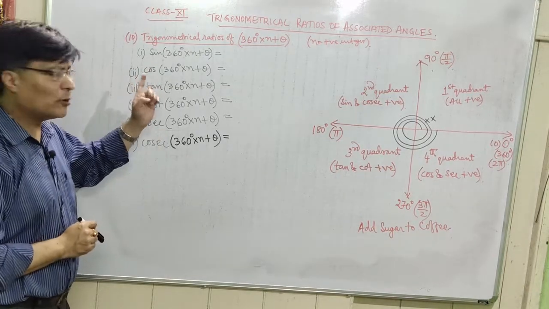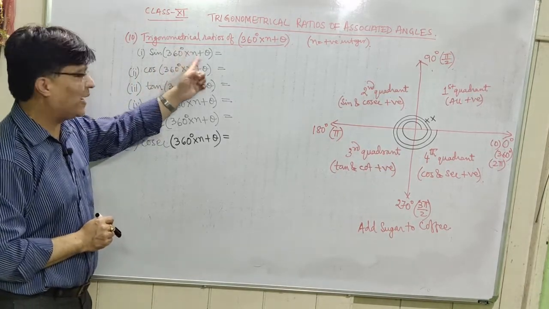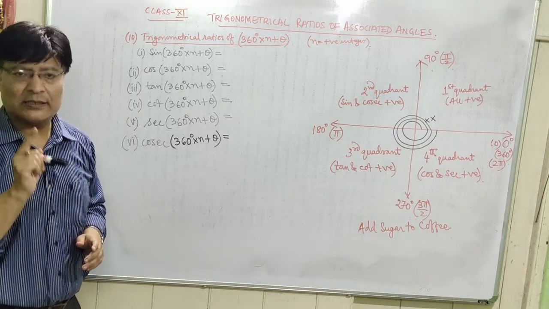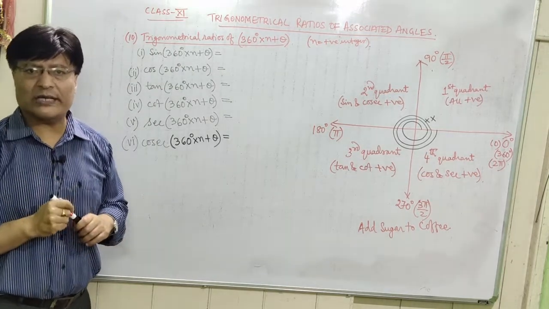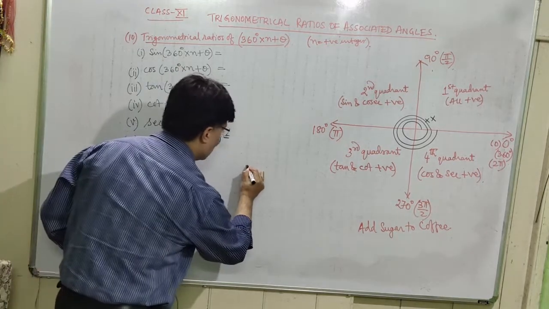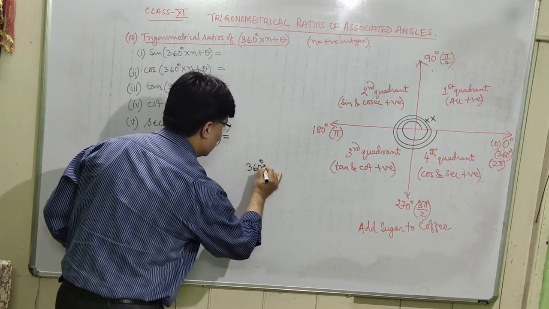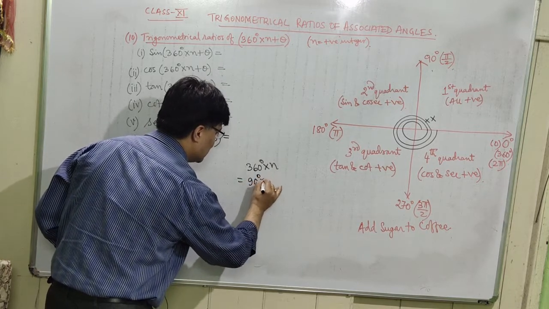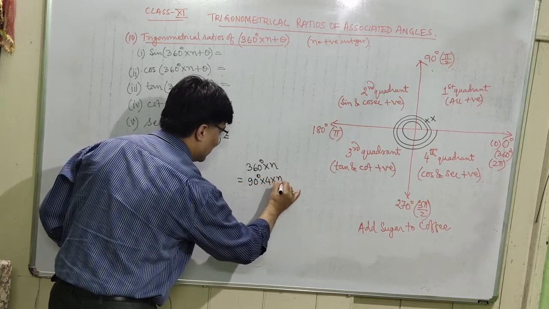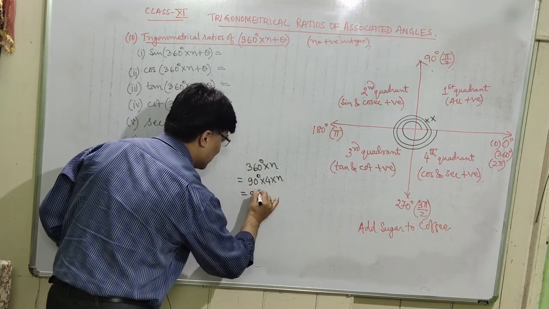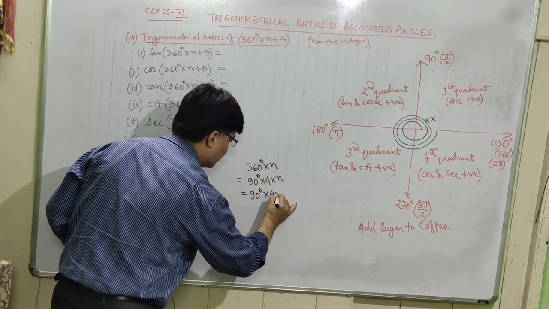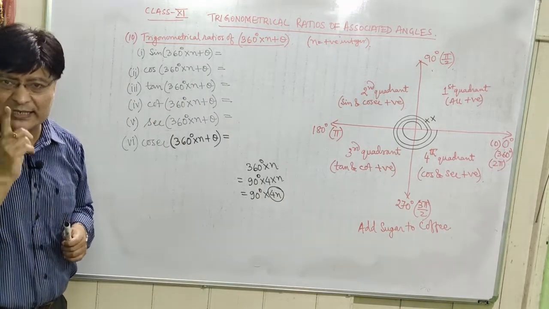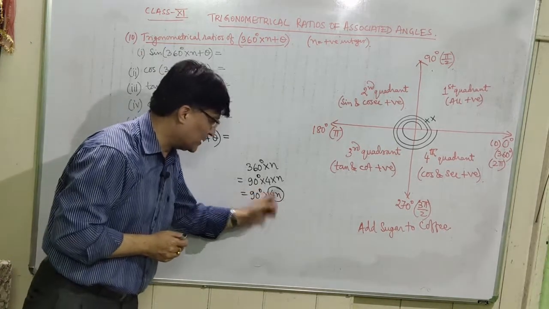Now what can we say about this angle, 360 degree into n? Is it an odd multiple of 90 or an even multiple of 90? 360 degree into n you can write as 90 degree into 4 into n, which is 90 degree into 4n. So what about 4n?